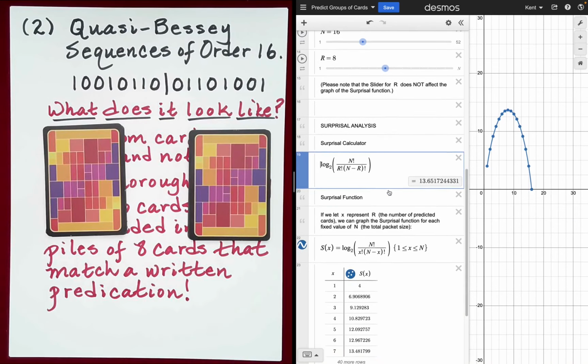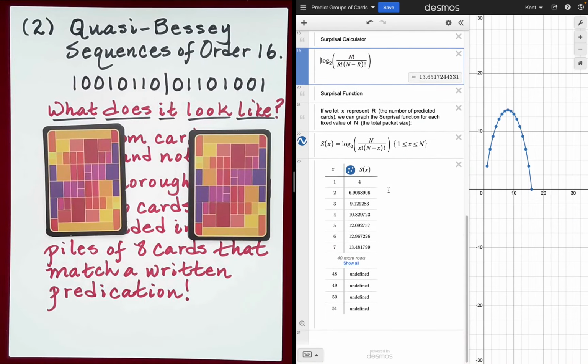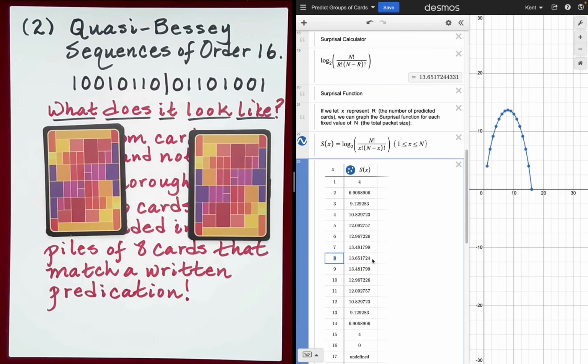And then, of course, down below, once again, we have a table of values. We have a graph of the Surprisal function. There we go. And we can also, I guess we need to click Show All. The particular one that we are working with, because we're breaking the packet of 16 cards into two piles of 8 cards, is here is our Surprisal value.